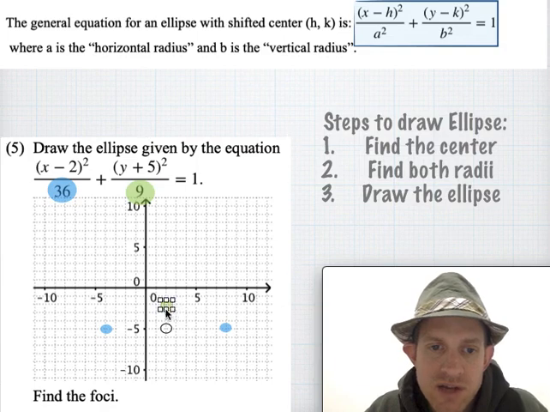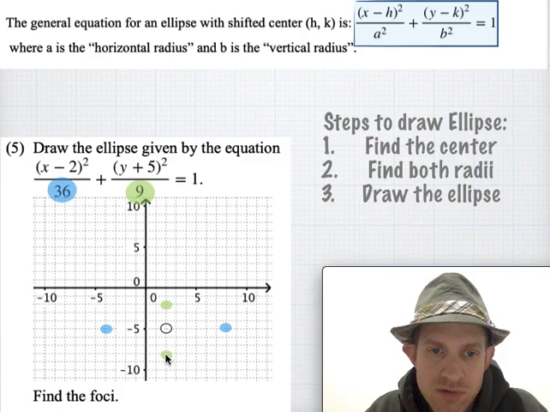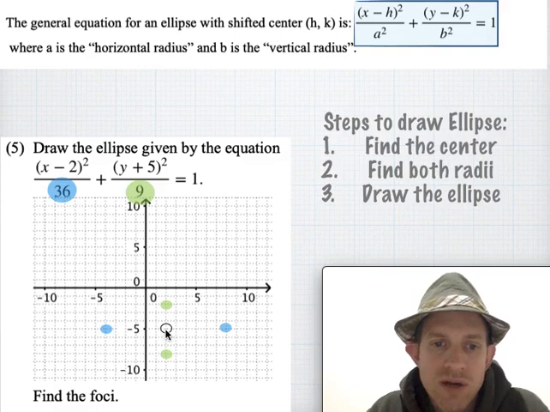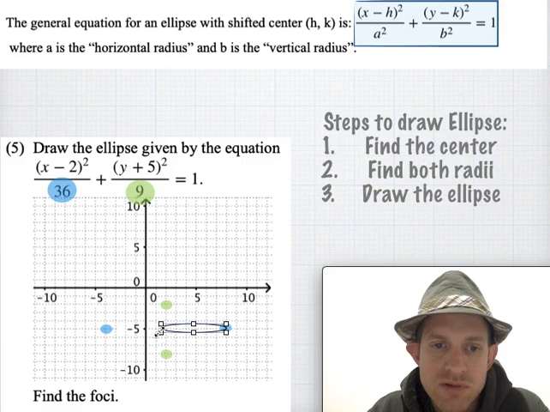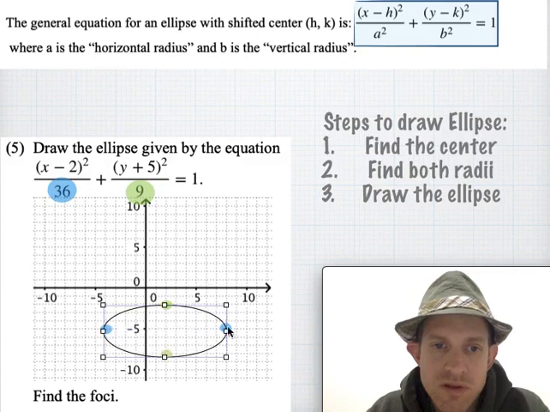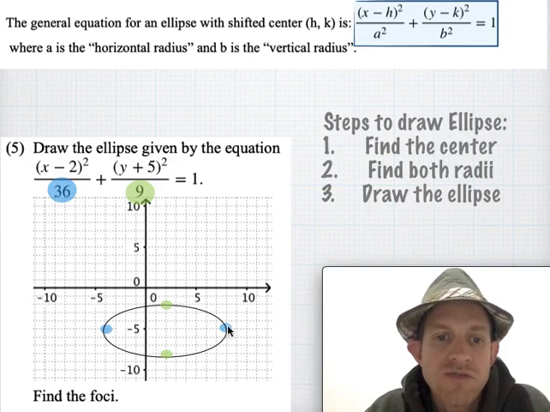And if I go down 3, 1, 2, 3 puts us at about here, negative 8. So now I can draw that ellipse by simply going out to each of those and up until we reach those points. So I can see from this ellipse that it is longer than it is tall.